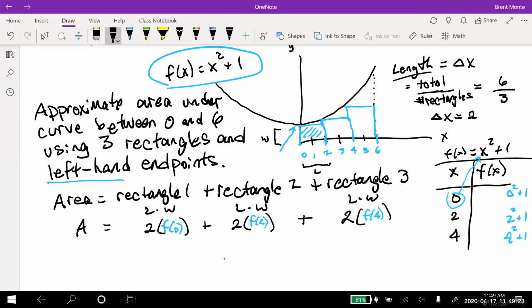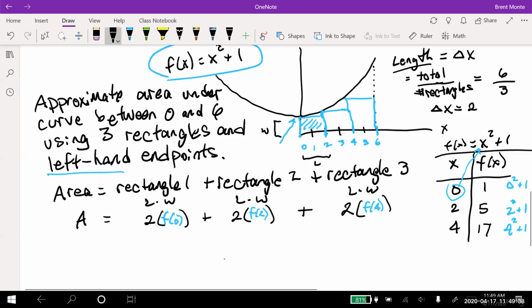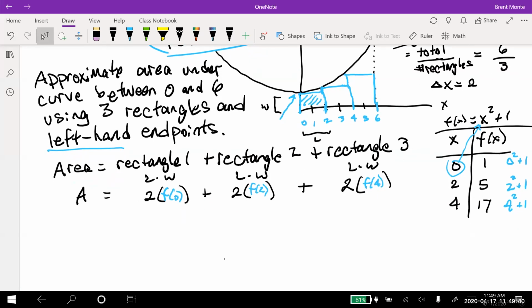Well, we can do that in our head. 0 squared plus 1 is just 1. 2 squared plus 1 is 4 plus 1 is 5. And then 4 squared plus 1 is 16 plus 1 is 17. That's my heights. We called the width, so my area is 2 times 1 plus 2 times 5 plus 2 times 17.